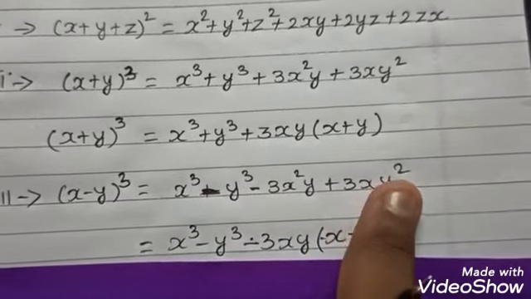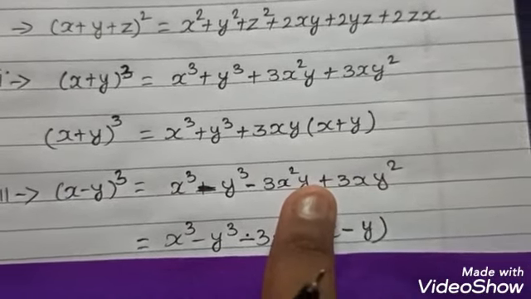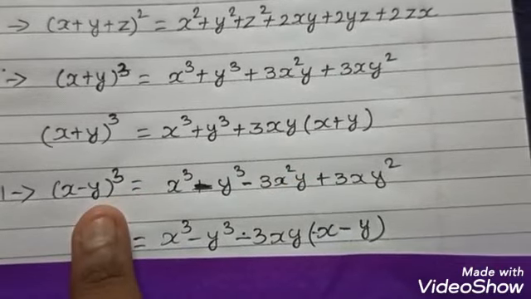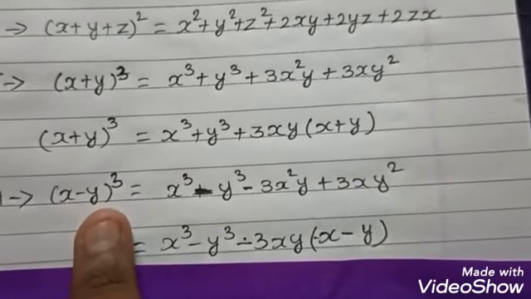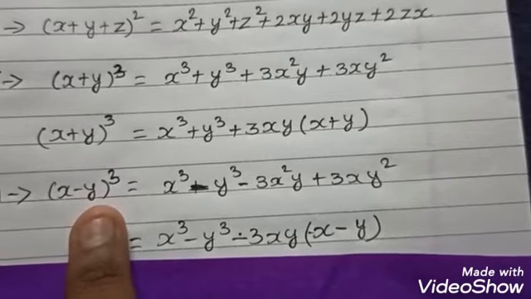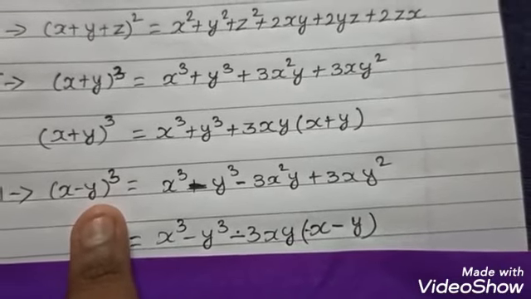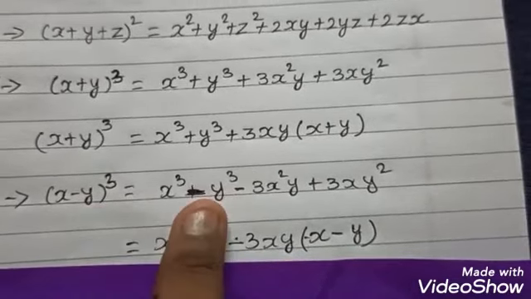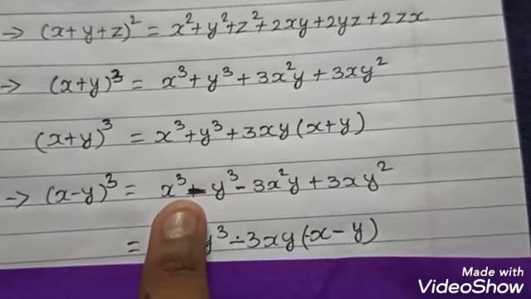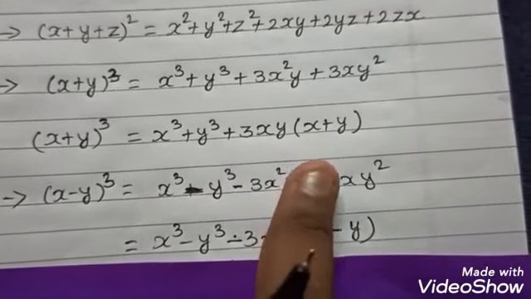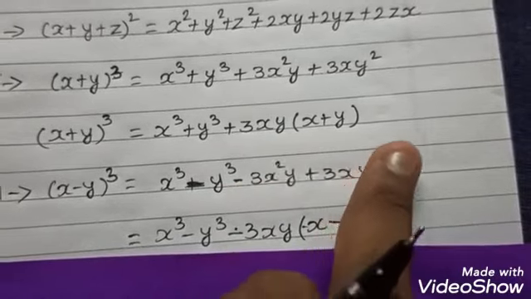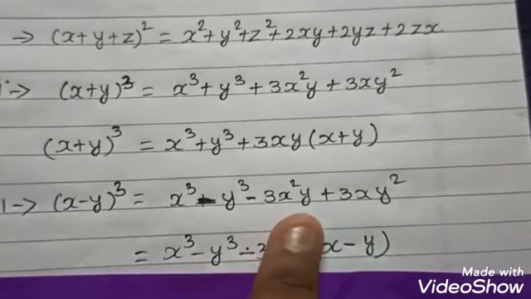When the power becomes even, you get the plus symbol. When y has an odd exponent, the value should be negative. So y power 3, odd exponent, you get minus. Here y power 1, you get minus. Here y power 2, you get plus. So here also you have to take it.